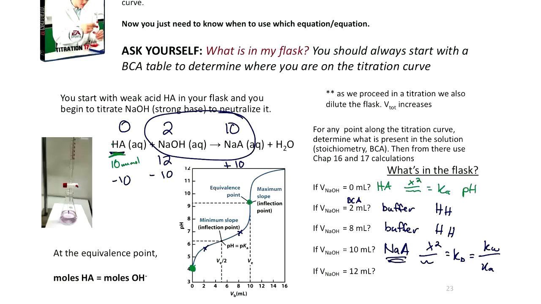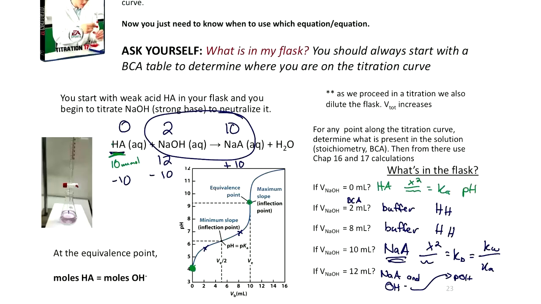Yeah, OH-. So sodium A, our weak base, gives some hydroxide, but a lot? No, it's a weak base, but sodium hydroxide's a strong base. Does one of them take over here? Yeah, it's just going to be the sodium hydroxide. So at 12 milliliters, you have NaA and hydroxide, but we're going to assume that it's just the hydroxide that dictates the pOH. And that is how we interpret a titration curve.